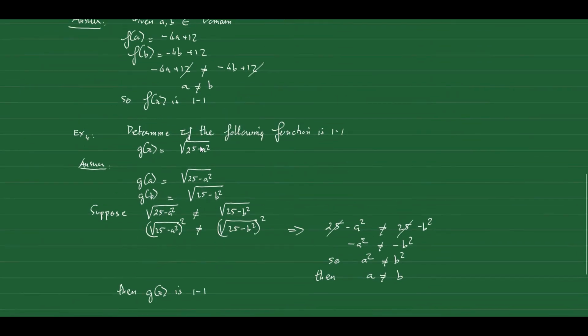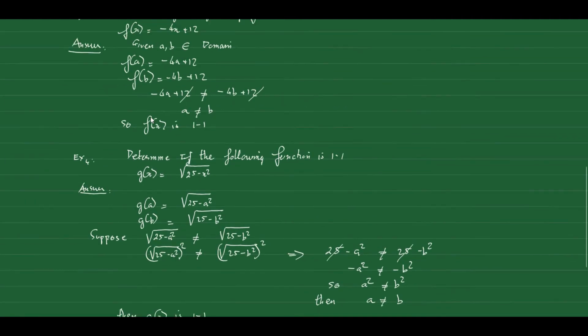Well, if they give you the algebraic function, this is how. But what if they give you the graph, and how do we know that it is a 1-to-1 function? Also, it's very easy. We have to apply a test called the horizontal line test. So I'm going to put the first remark right here.